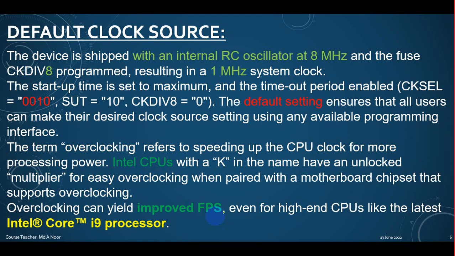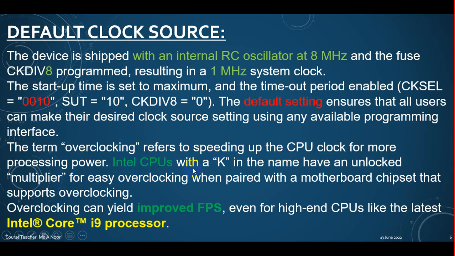That means you increase the frequency. What is the advantage? You get smooth operation of your game, right? When you play a video game, you get more smooth operation, but it consumes more power.